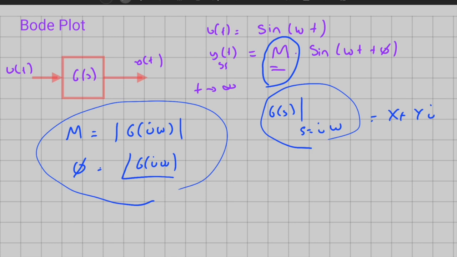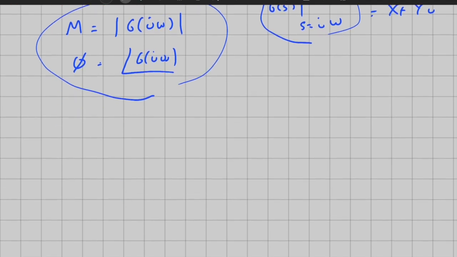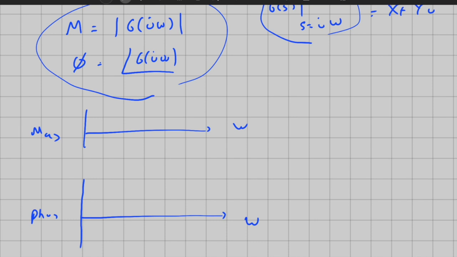So the idea is how we can visualize or characterize this magnitude and phase function. In the Bode plot, we have a magnitude plot and a phase plot. In both cases, the x-axis is frequency. We can use a linear frequency scale, but it's technically not a good idea for dynamical systems.